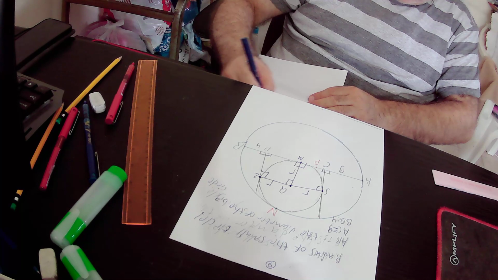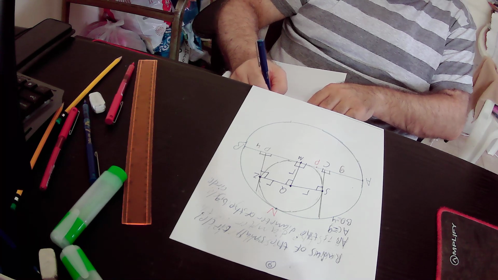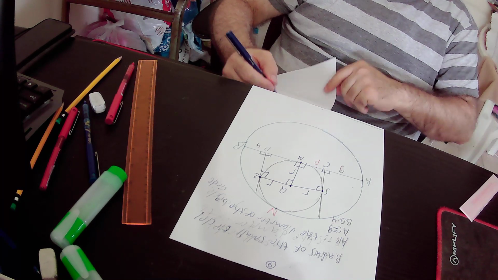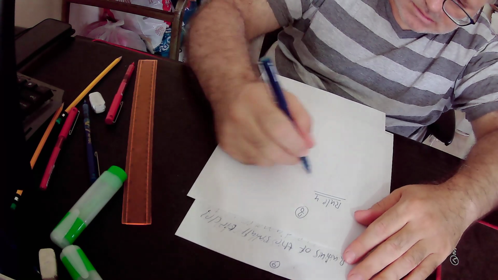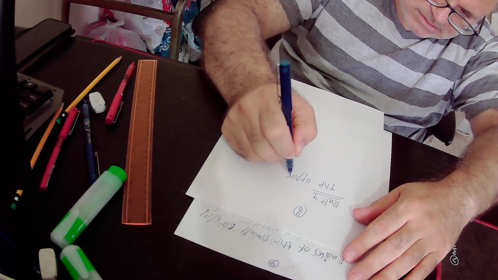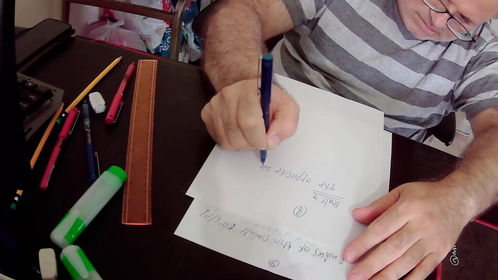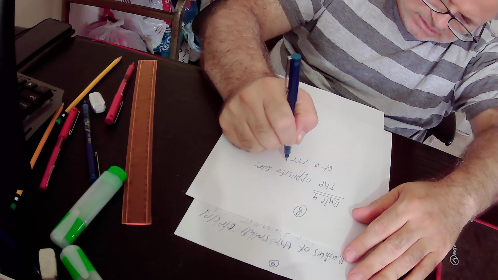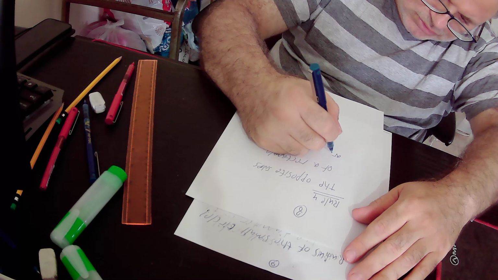According to rule number 4, the opposite sides of a rectangle are equal to each other.